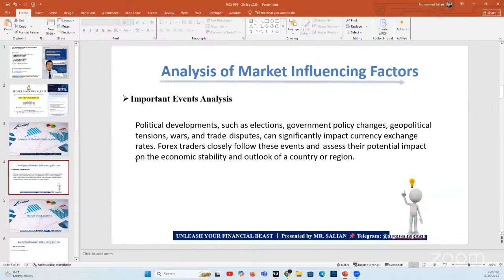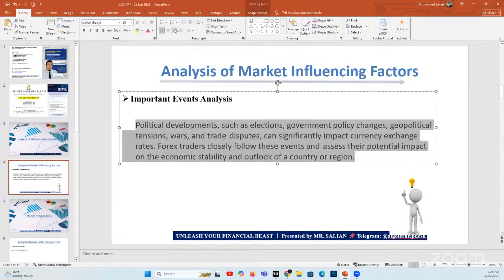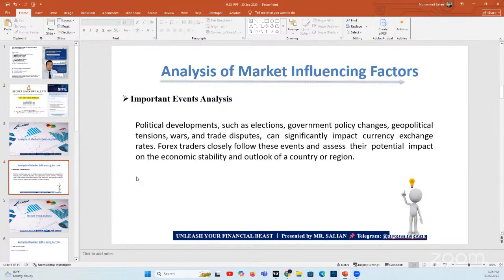Political developments, such as elections, government policy changes, geopolitical tensions, wars, which is now happening in the Middle East and is forever happening there since the day I was born, in 1978, not that I know about all these things, but it means these wars just keep going and going, and now they're still fighting between Israel and Iran, and Israel attacked Qatar just a few weeks back. This is really amazing, my friends.